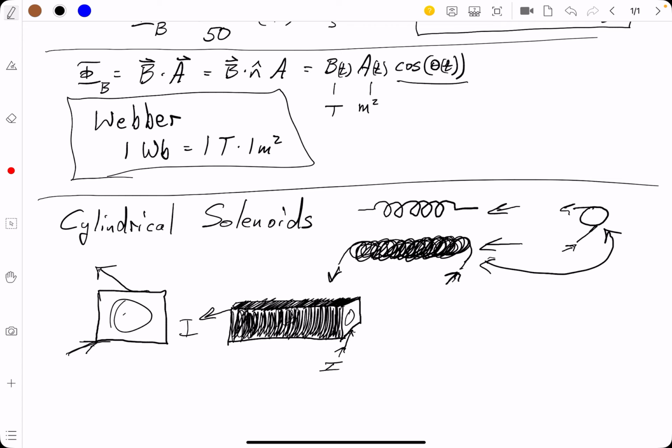Okay, and then we've got current going in and current coming out. So what are these two things? This one is a cylindrical solenoid, and this one is a rectangular toroid.